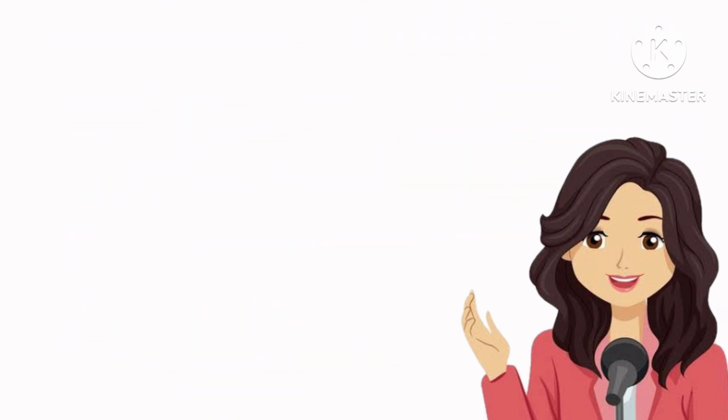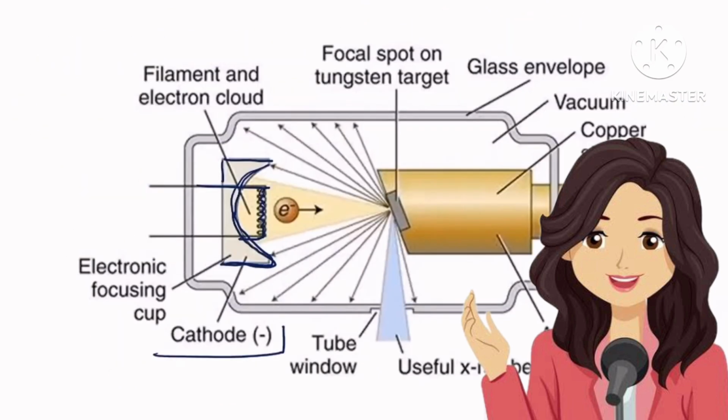Now I'm going to explain how the X-rays are produced. First, you switch on the X-ray unit. The voltage and the current and exposure time are set.